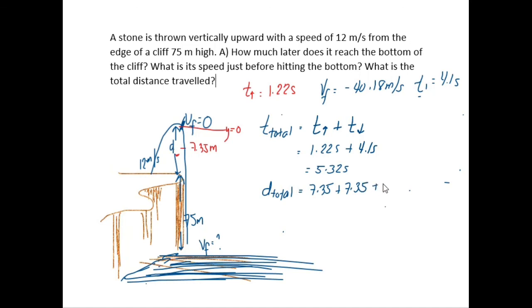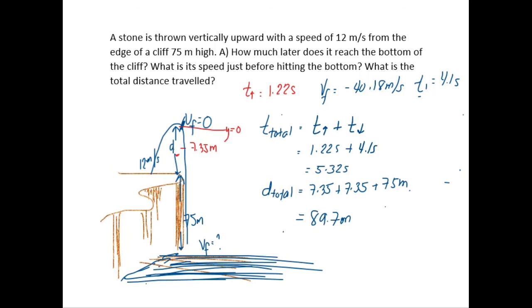Then, of course, the height of the cliff, plus 75. So, that will be the total distance. And that is equal to 89.7 meters. So, the answer is 89.7 meters. Since we are looking for the total distance covered.